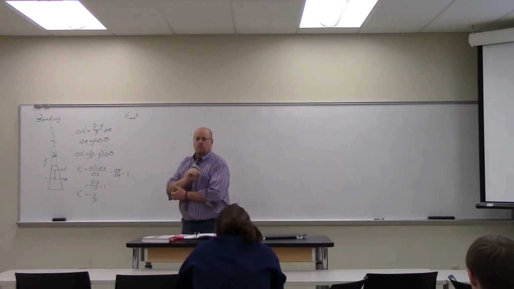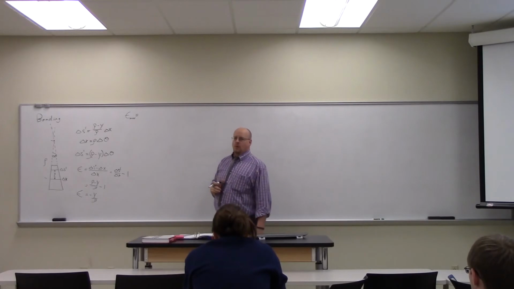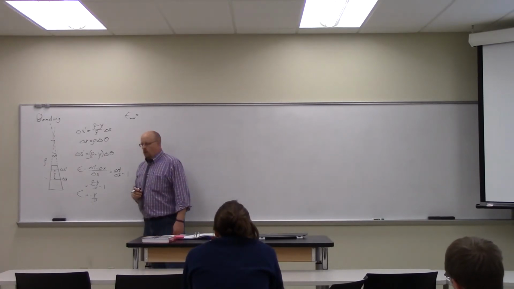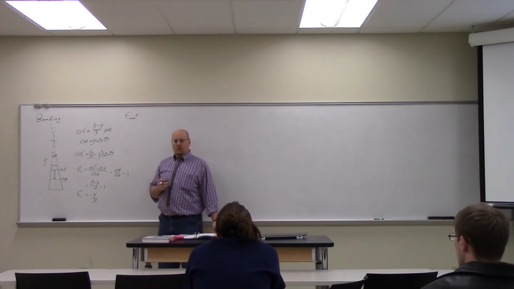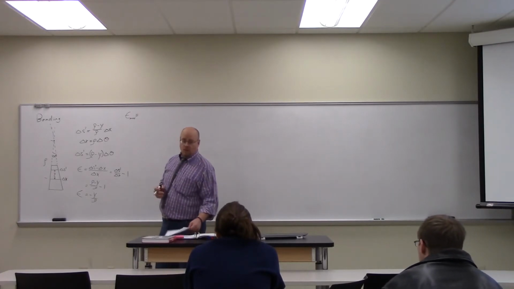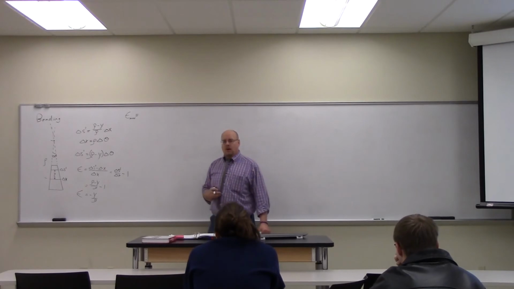Would it be the y distance from delta x to the side? Okay, what would be the distance? So what have we been using, for instance? Let's say it's a round bar. What would that be? It would be the radius.